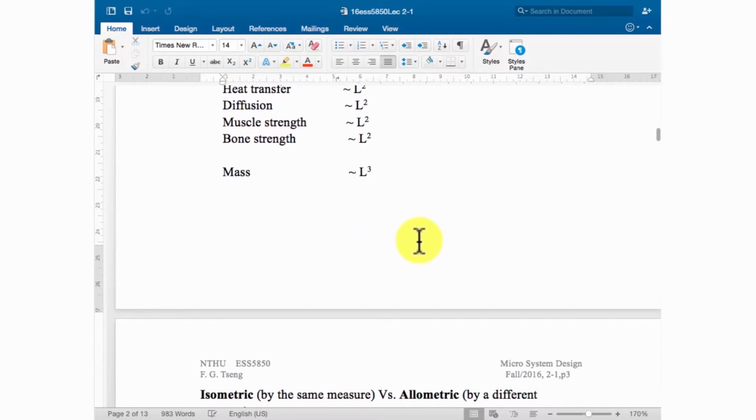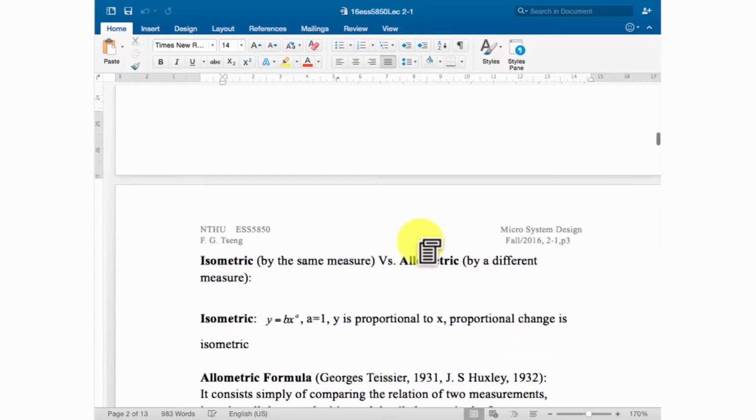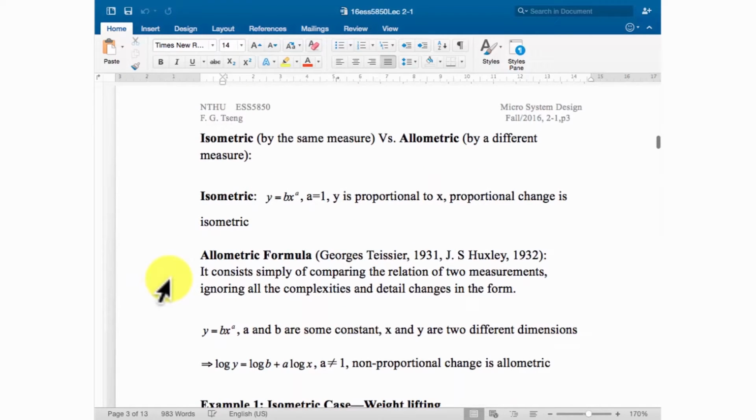Okay, so we can have some understanding here. Now I will go to two interesting concepts. We call them the isometric concept and the allometric concept. The isometric concept means we blow up things by the same measure in different directions.